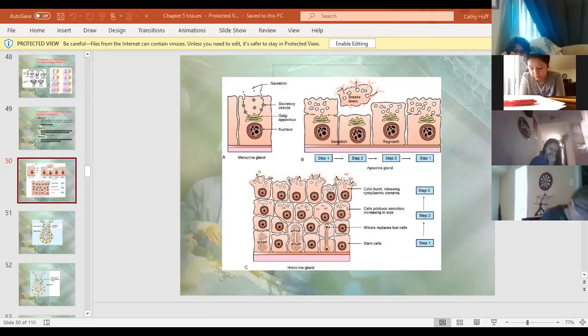Here I have an apocrine. So here is the functional unit of the cell that is creating whatever it is this gland is creating. And the top part of the cell is going to break off, apo, derived from, and that's going to transport our gland secretion. And then here, we got a bunch of cells that are replicating via mitosis. And we push up, push up, push up. And then here the top layer is going to release its entire contents, sacrificing the whole cell.